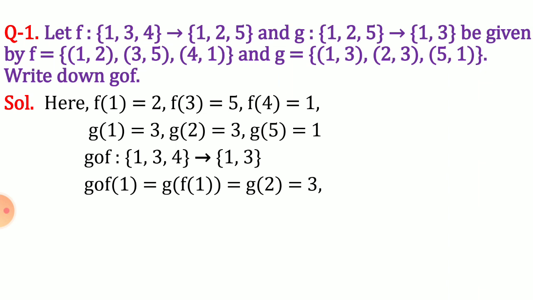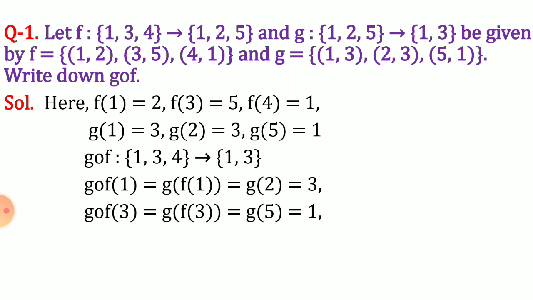Second, (g∘f)(3) = g(f(3)). Here f(3) = 5, so that is g(5), and g(5) = 1. So therefore (g∘f)(3) = 1. Next, (g∘f)(4) = g(f(4)). Here f(4) = 1, so g(1) = 3.